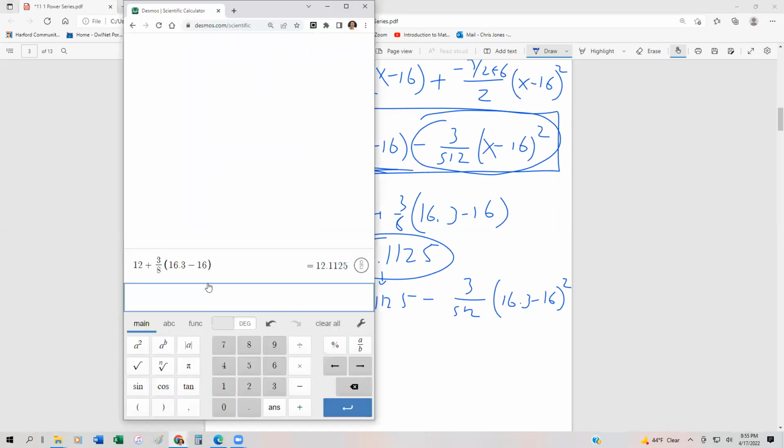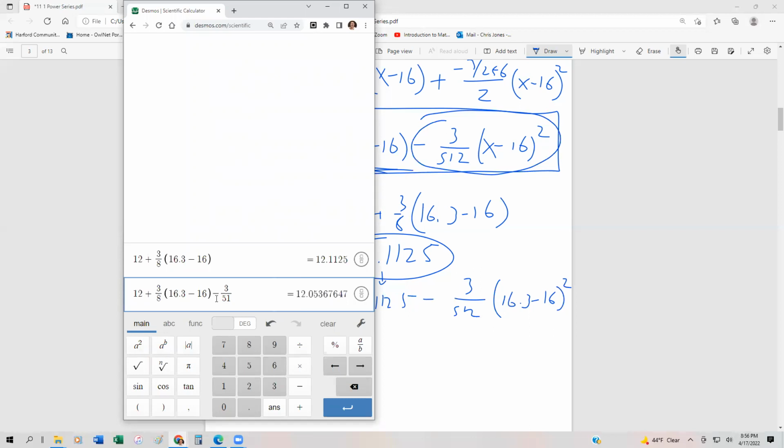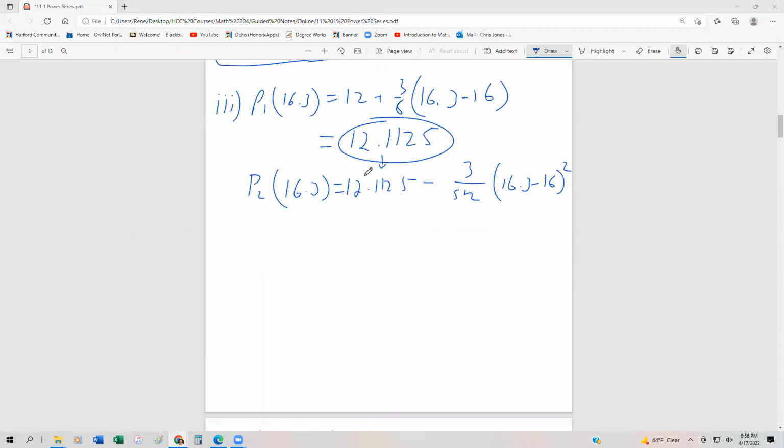I'm going to take this value, copy it, and subtract 3 over 512 times the quantity of 16.3 minus 16, and then square that, and that gives me 12.11197. All right, so that's going to be approximately 12.11197.